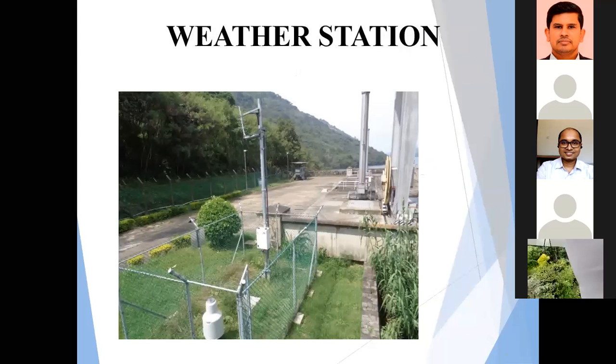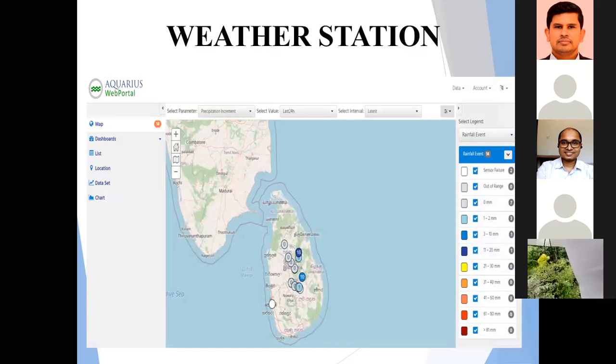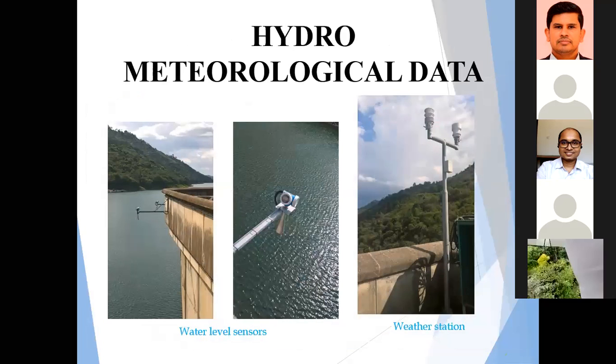And weather stations, we have several weather stations. This is one HMIS weather station, and we have a separate weather web portal, so you can obtain real-time weather data from that web portal. And water level sensors, a weather station on top of the dam.